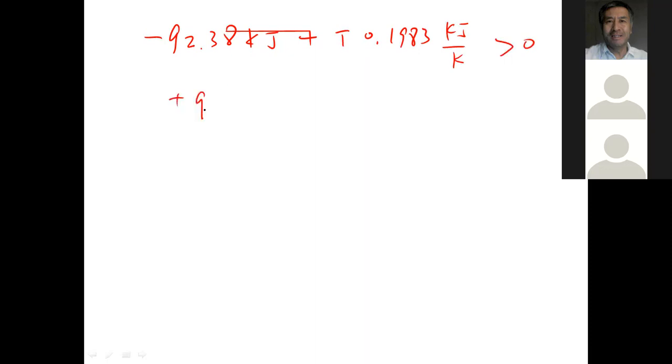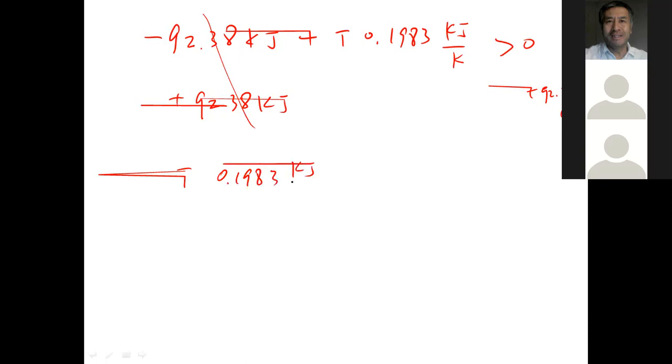So we add plus 92.38 kJ on both sides, and these two cancel out. Therefore we have T times 0.1983 kJ over K larger than 92.38 kJ.